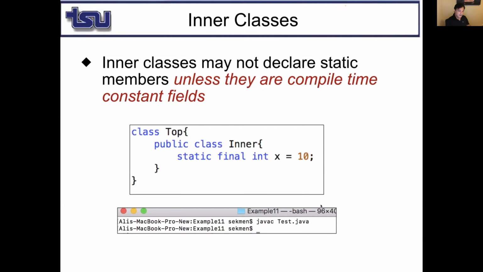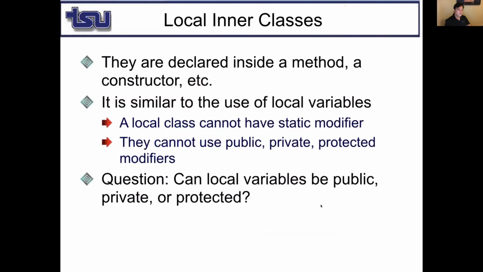So you can have a static data member within an inner class only if it is final. That means if you define it, you initialize it, and no one can change it. Then you can define it, okay?